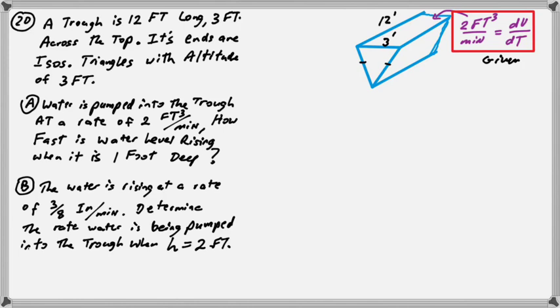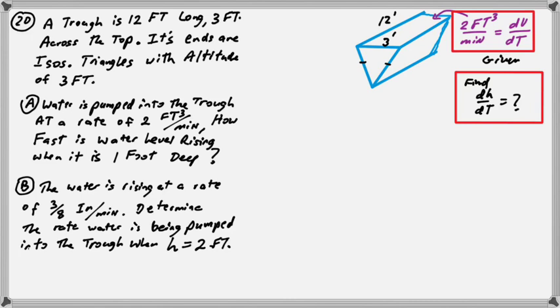Well, in this first part A, it says how fast is the water level rising? That is the rate of the height, basically. So I think they're asking us to find dh/dt. So again, I think it's important to identify what they give you and what they ask.